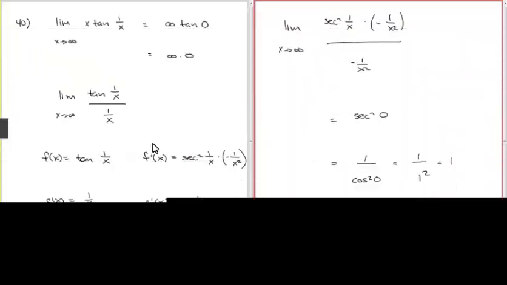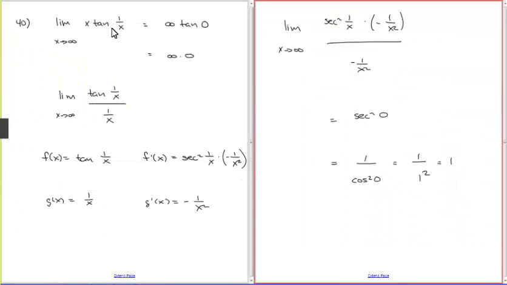So let's just go back and review what we did. First thing we did is we evaluated the original limit, found out it was indeterminate, infinity times 0. We created a rational function by rewriting x as 1 over x.